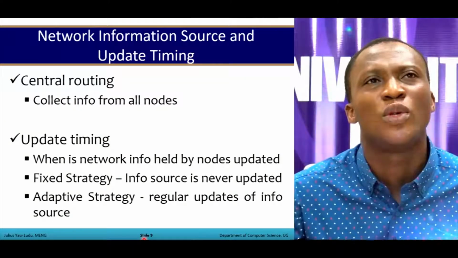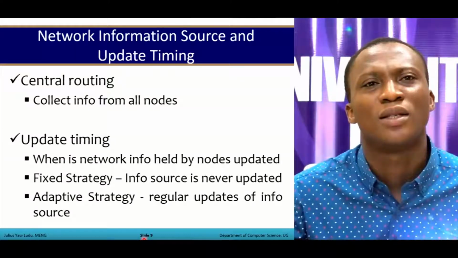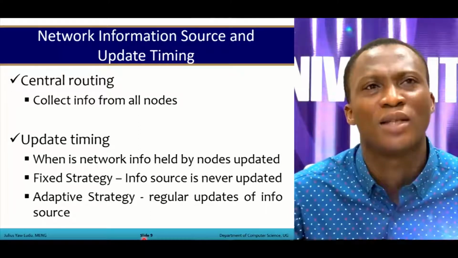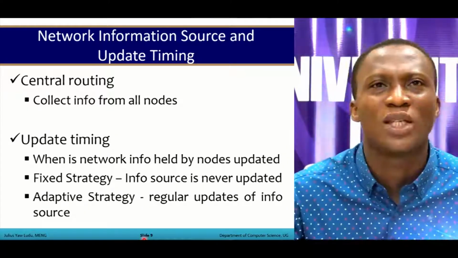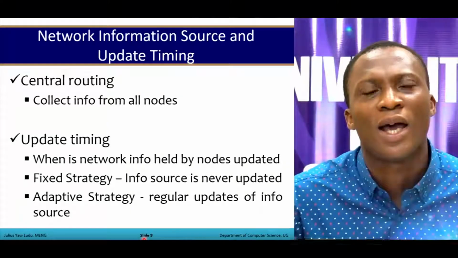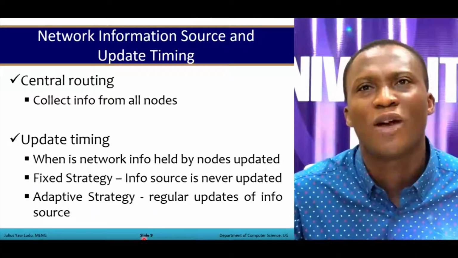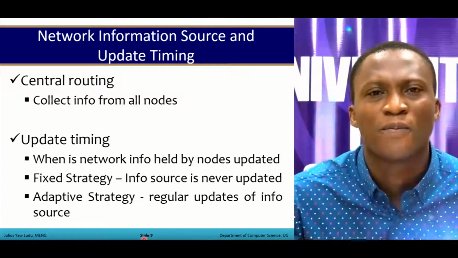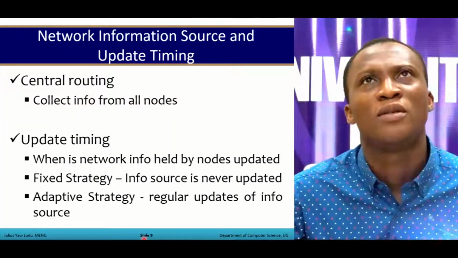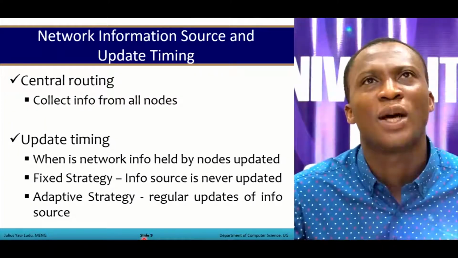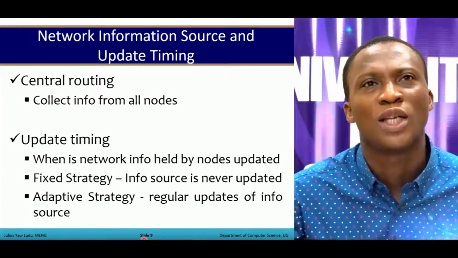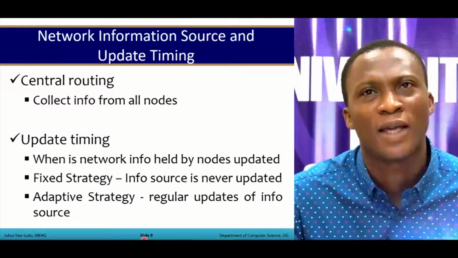Now when do we update the tables? When is a network info held by nodes updated? We have the fixed strategy. The info source is never updated. Then we have the adaptive strategy. Here we have regular updates of info. So if today I use, probably I'm going to circle and I pass through 37 and there was congestion there, or they are doing road work there.